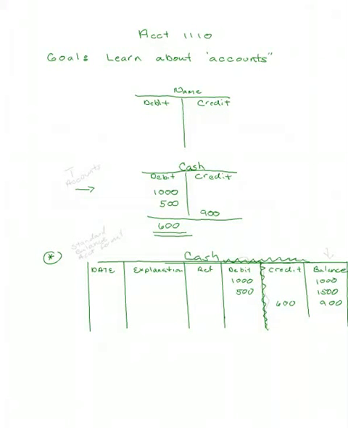You don't need to write if it's a debit or credit in that column because it's assumed if it's cash, you know it's an asset and it has its normal balance. Only if an account were to have the opposite balance that it usually has, would it have parentheses around it.